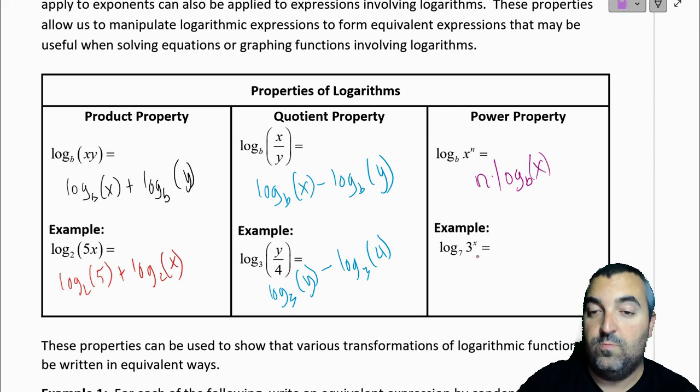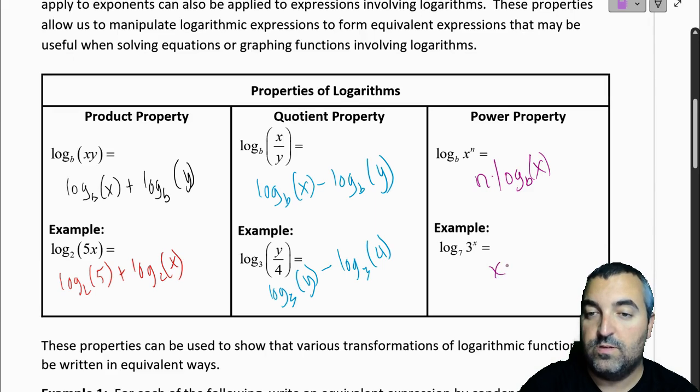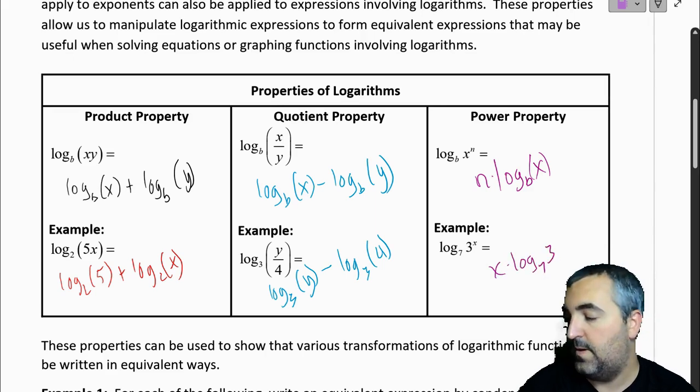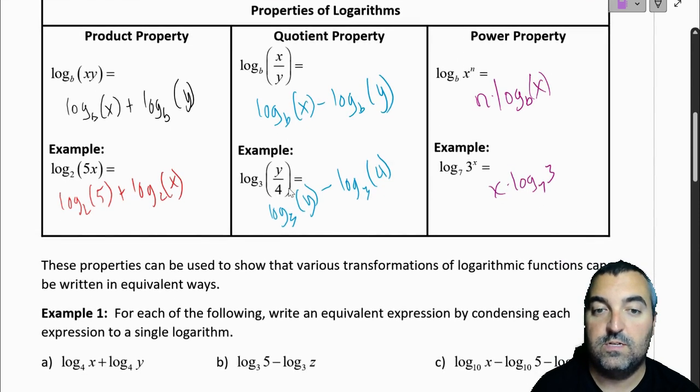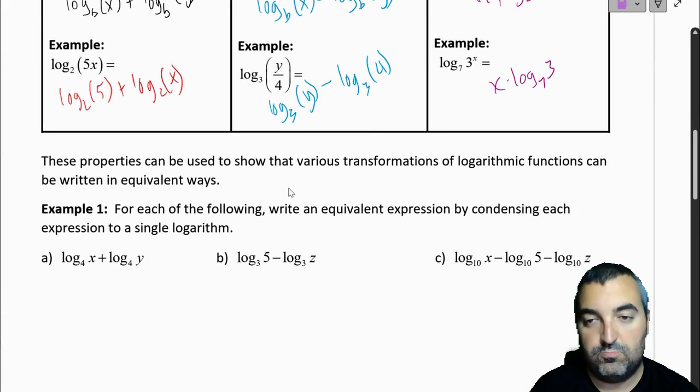Where this is really helpful is in examples like this one, where we have log base 7 of 3 to the x. Well, we don't like having x's in our powers, so we pull it to the front. So it'd be x times log base 7 of 3. And that's the three main properties we're going to deal with, and that will help us solve.